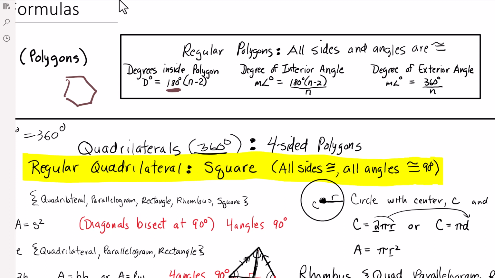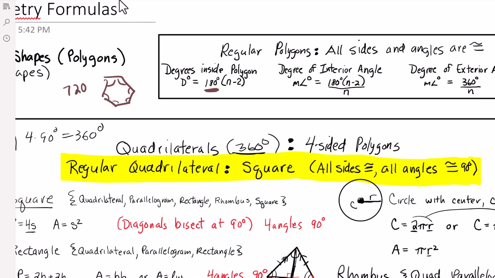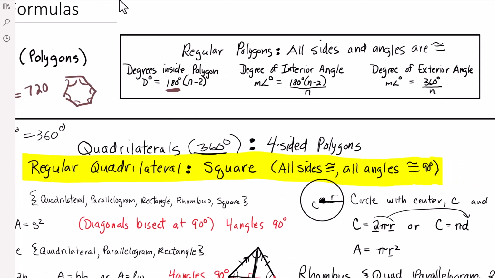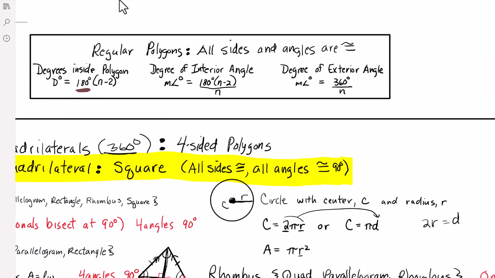So for a hexagon, 180 times 4 is 720 degrees. So all of these angles, the angle sum, add up to 720 degrees.